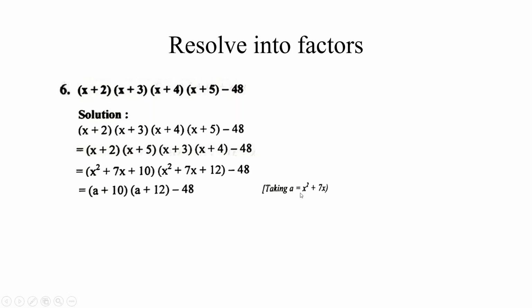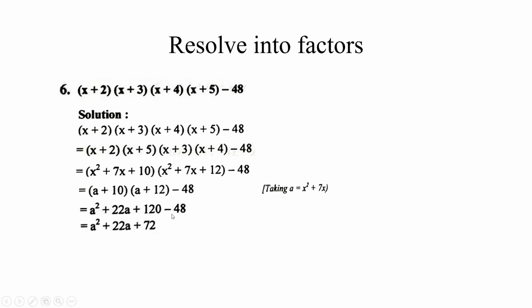Now taking x square plus 7x equal to a, the term will be written in the form (a plus 10) into (a plus 12) minus 48. Now multiplying (a plus 10) into (a plus 12), you will get a square plus 22a plus 120 minus 48.